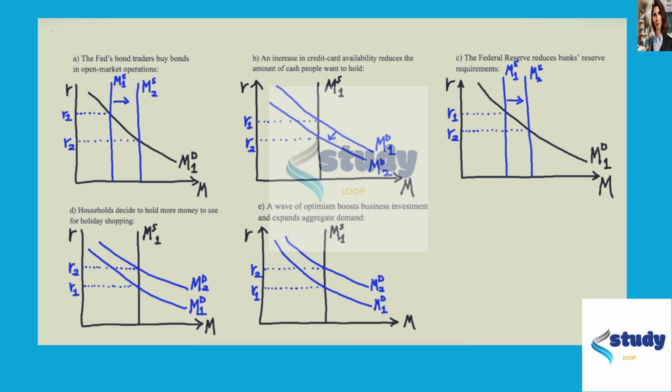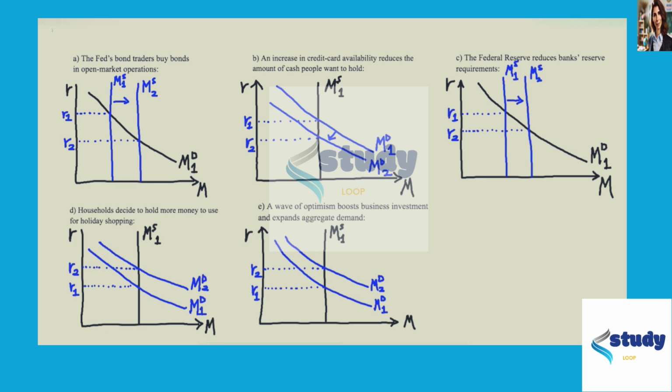Part C says what happens when the Federal Reserve reduces banks' reserve requirements. Okay, well, let's think about it for a second. One of the many tools of the Fed is changing or setting the target for the minimum bank reserve requirements.